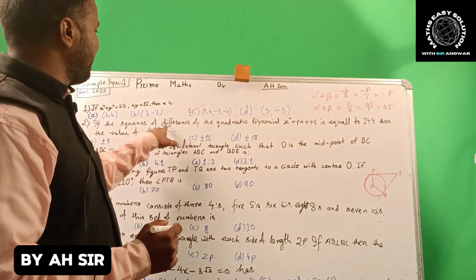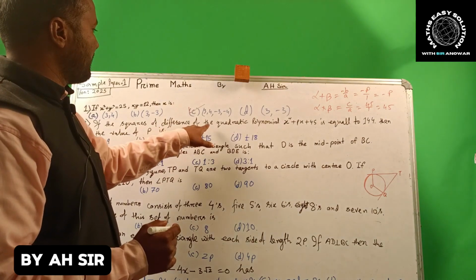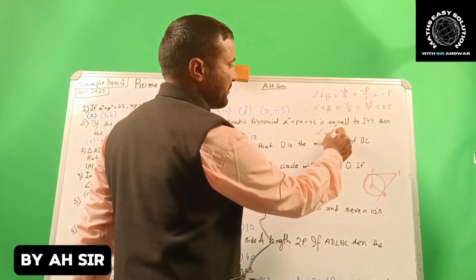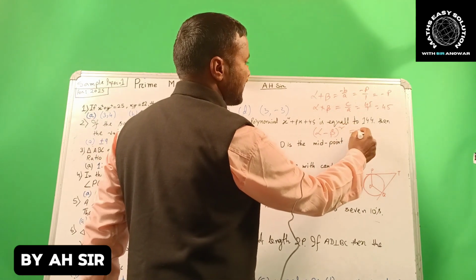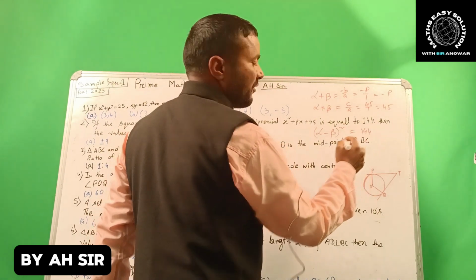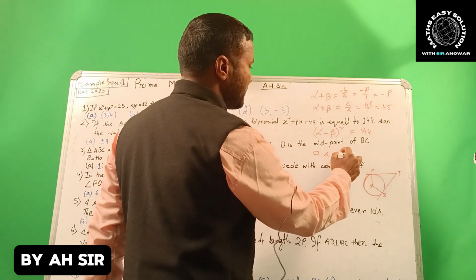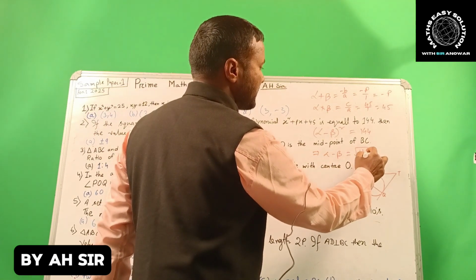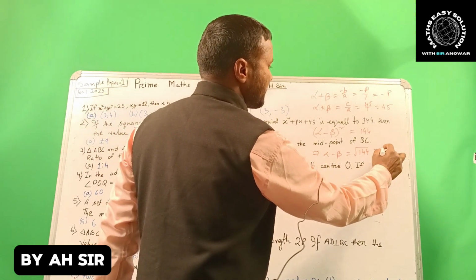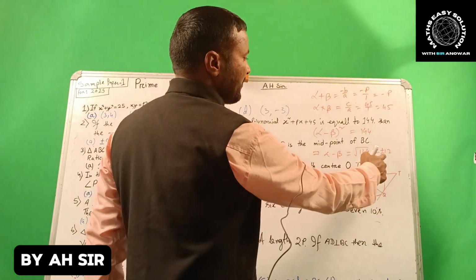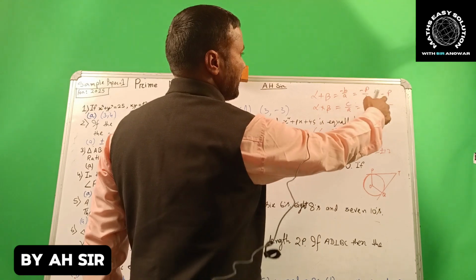So as you see, the square of the difference of the zeros of the quadratic polynomial, it will be like this: alpha minus beta whole square is equal to 144. Now if I take the square root, alpha minus beta will be equal to 12. This is plus and minus. So in this way, alpha minus beta becomes 12 and alpha plus beta becomes minus p.